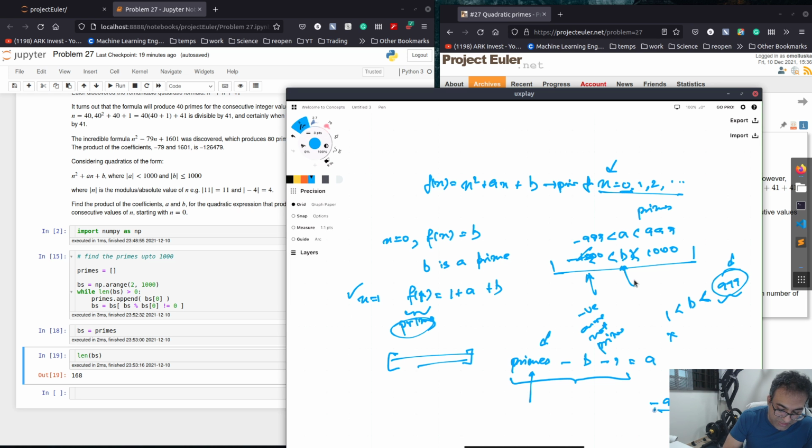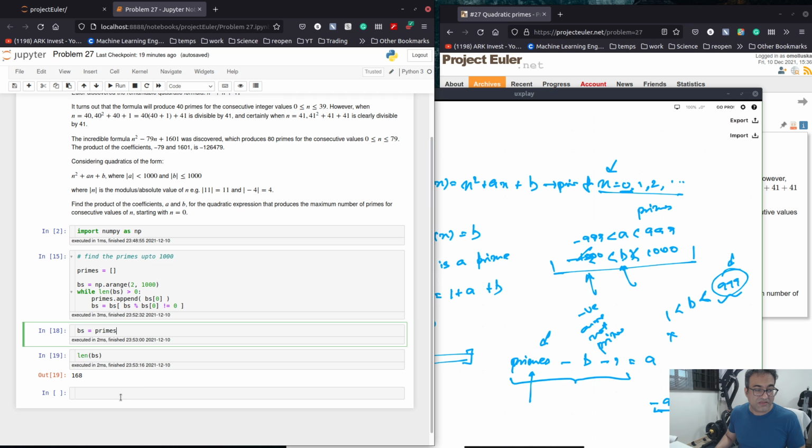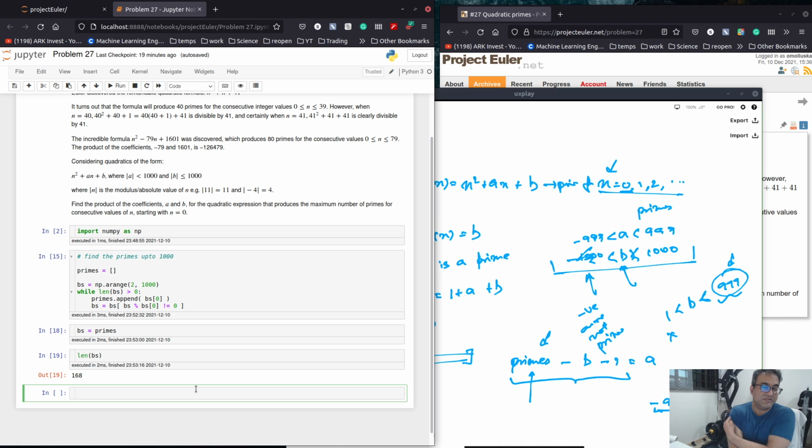So we have a range of values of a, and we need to find which of these is within that. So we have a list of candidates for b, and we just need to find a list of candidates for a, and then we are going to start seeing whether these things start creating primes or not.